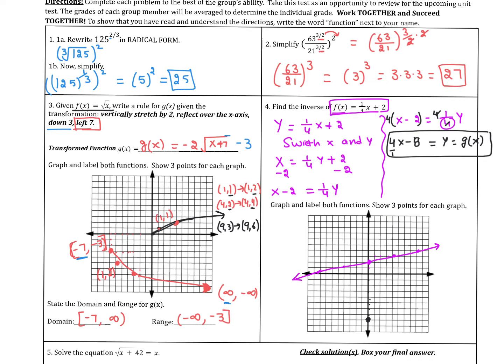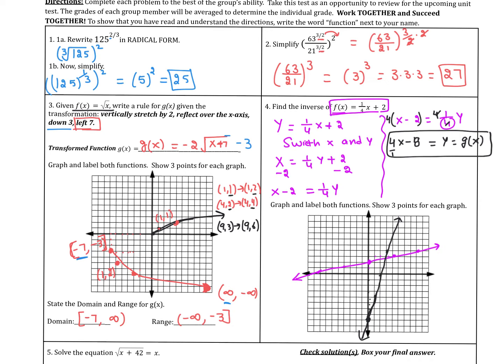1, 2, 3, 4 over 1. 1, 2, 3, 4 over 1. And this is the graph of the function, the g(x) graph.